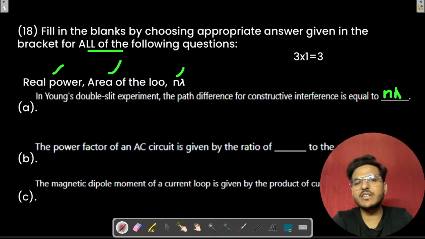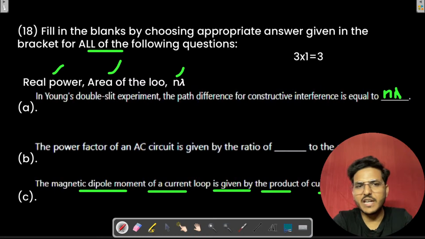Second, the power factor of an AC circuit is given by the ratio of power factor, what is it? Real power. And third, the magnetic dipole moment of a current loop is given by the product of current and the area of the loop.